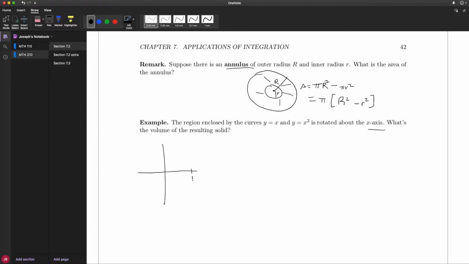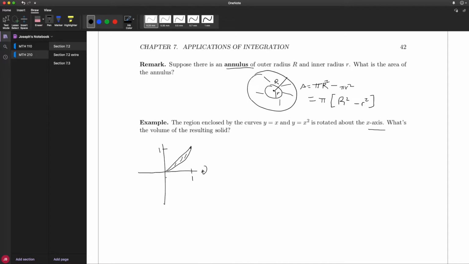So here's 1, and there's a height of 1. y equals x looks like just a straight line from the origin, and then x squared is actually underneath this on 0 to 1. So this is actually the region we're going to be rotating about the x-axis.